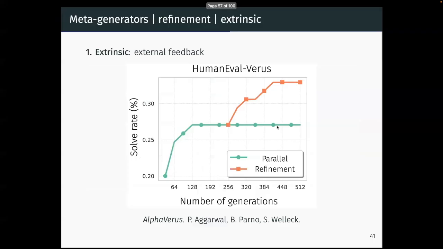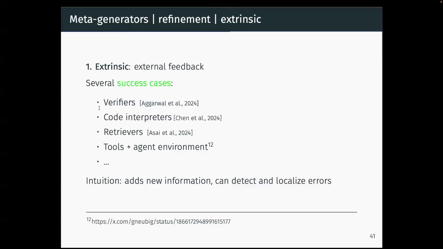Here's an example where we looked at whether you could just keep doing more and more parallel generation. It does improve at first, but then the performance just flattens out. If you add in the refinement after doing 256 parallel generations, it adds this additional capability.